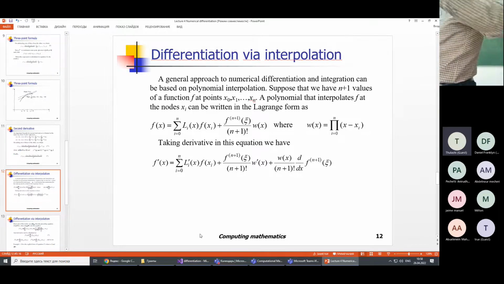So the general idea that allows us to write any kind of numerical differentiation formulas, or even numerical integration formulas, is to take the given points, write a Lagrange interpolating polynomial, or maybe Newton, but write an interpolating polynomial, and then compute the derivative of this interpolating polynomial.